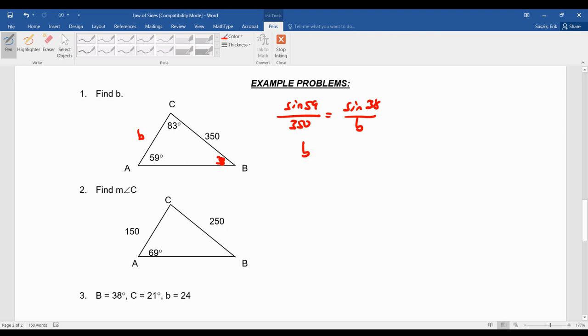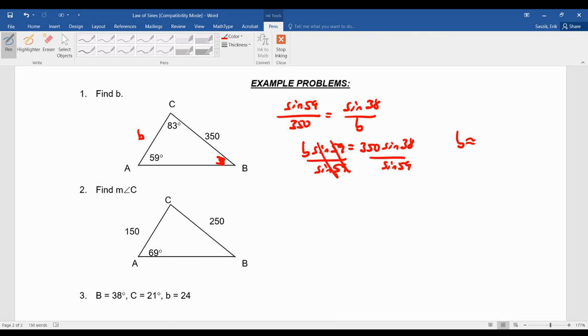So now if I cross multiply, I get b sine of 59 equals 350 times sine of 38. I want to get b by itself, so now I'm going to divide by sine of 59. Be careful when you do this on your calculator.